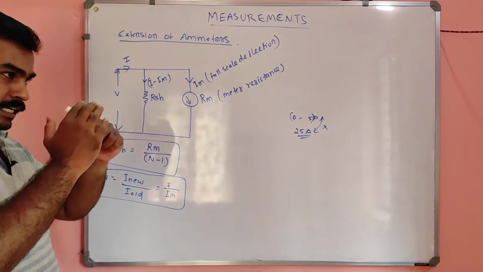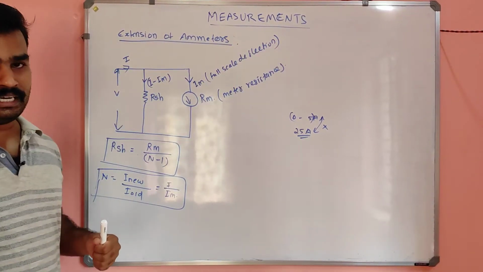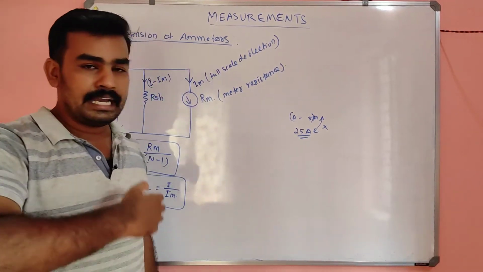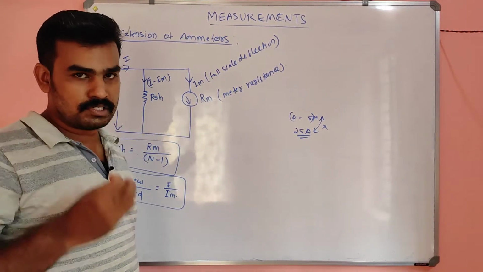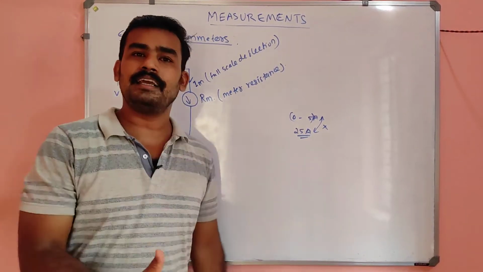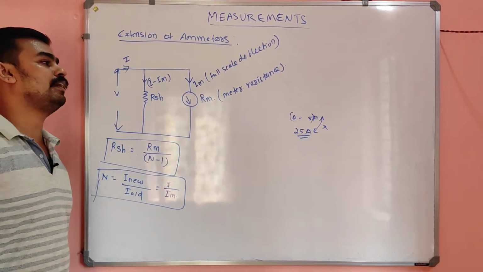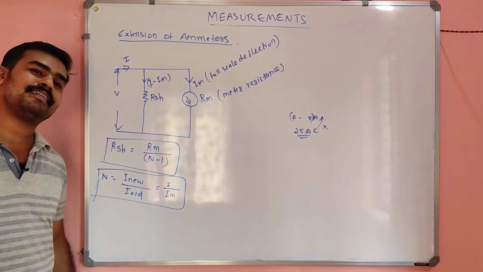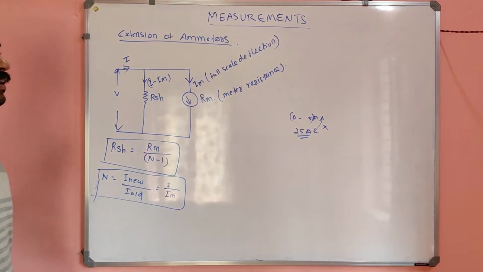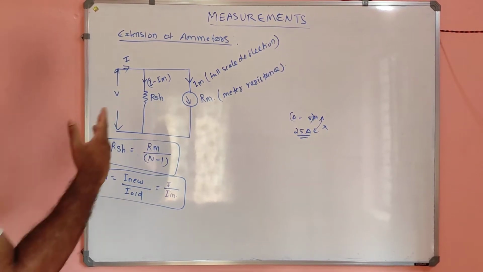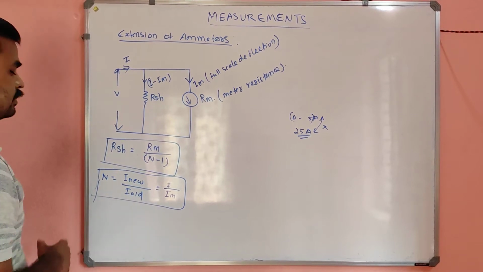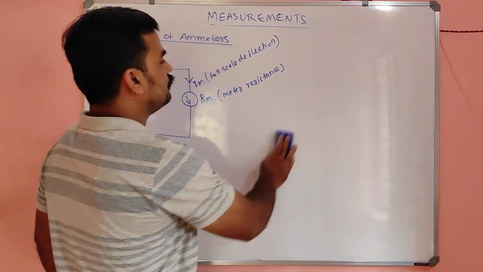So for getting a very high range, we have to add as little resistance as possible in parallel with the ammeter. Then we can get the maximum possible range of the ammeter. Is it clear? So that is the extension of ammeter. And next, extension of voltmeter.